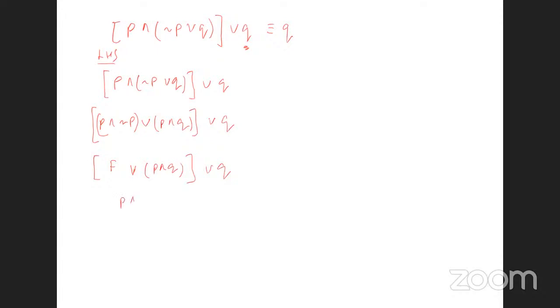So we end up with P and Q or Q. And now what is this law called? The absorption law, right? Check it and see. Absorption law, all right. And the answer is Q.